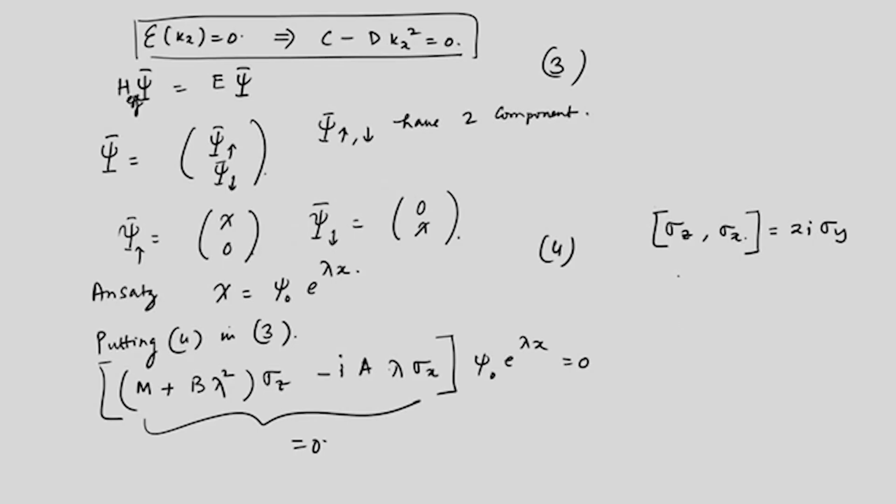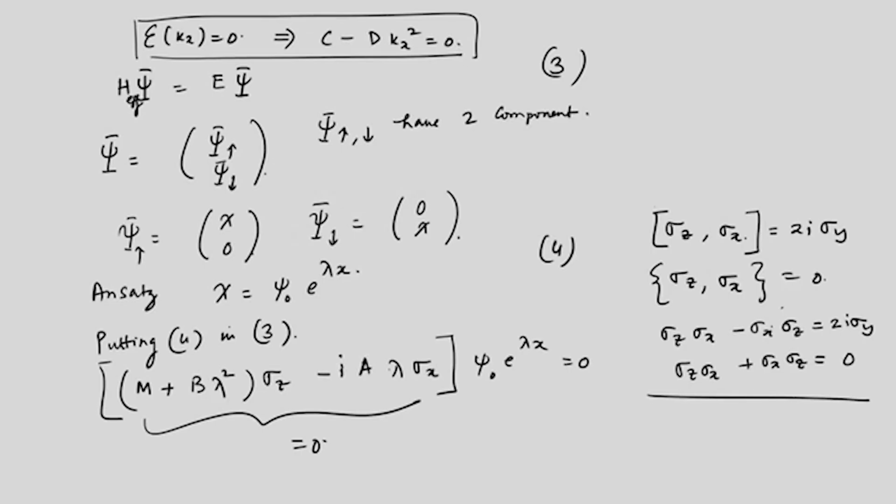The anti-commutation relation says that sigma z sigma x plus sigma x sigma z is equal to 0. So, sigma z sigma x minus sigma x sigma z equals 2i sigma y, and sigma z sigma x plus sigma x sigma z equals 0.